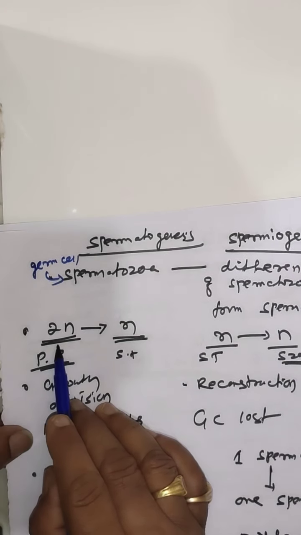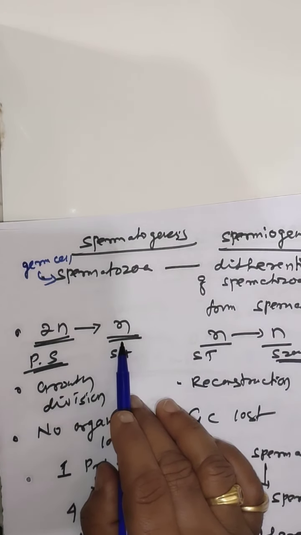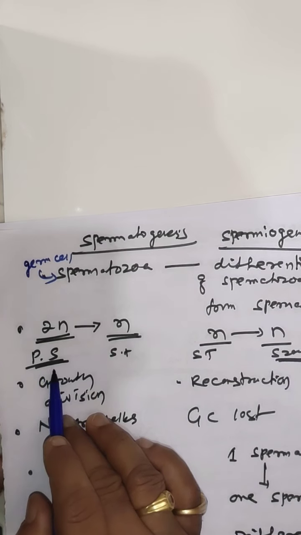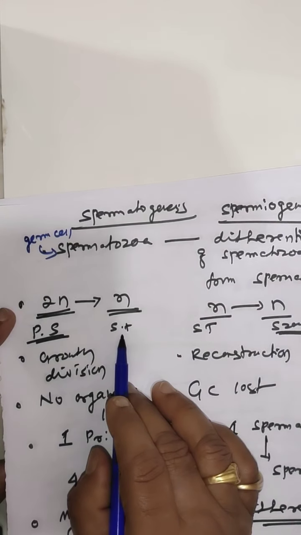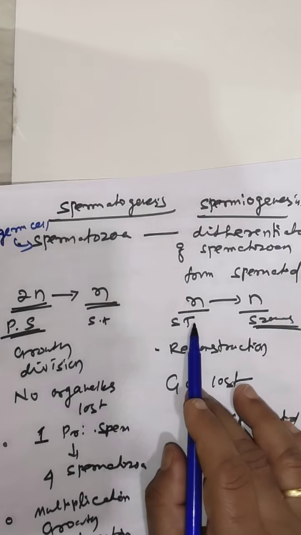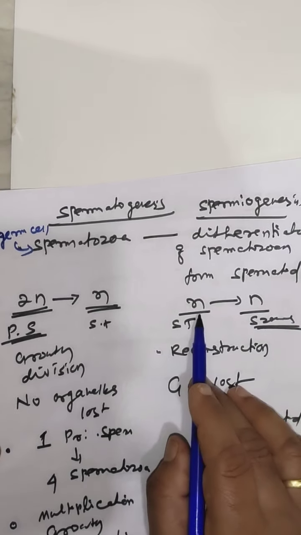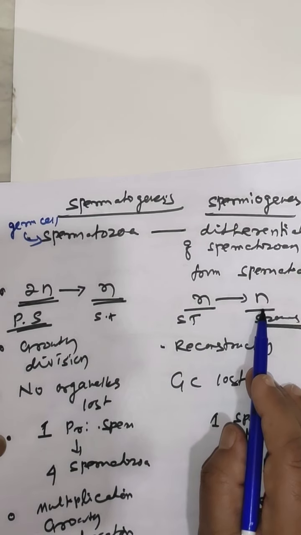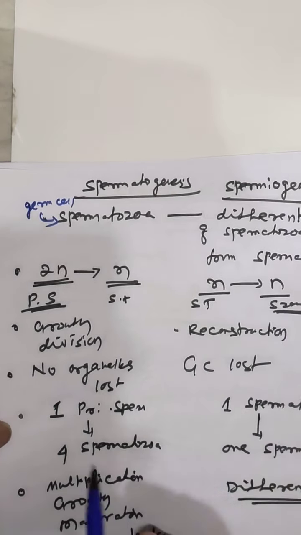In spermatogenesis the diploid primary spermatocyte converts into haploid spermatids, but in spermiogenesis the spermatid converts into spermatozoa, one haploid structure changing into another haploid structure.